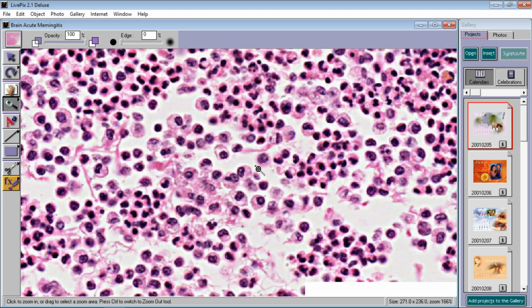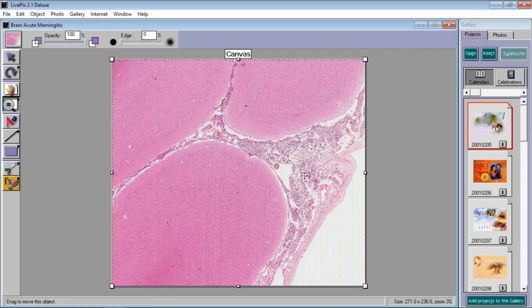And I think you figure out right away that most of these cells are lobulated. So I think you probably already can figure out very easily that this is acute meningitis. Notice it involves primarily just the meninges. It doesn't involve the brain too much. But if it did, if it was very severe, then you might call it, rather than just meningitis, meningoencephalitis. But this is a case of classical acute meningitis, of which most are caused by bacteria.